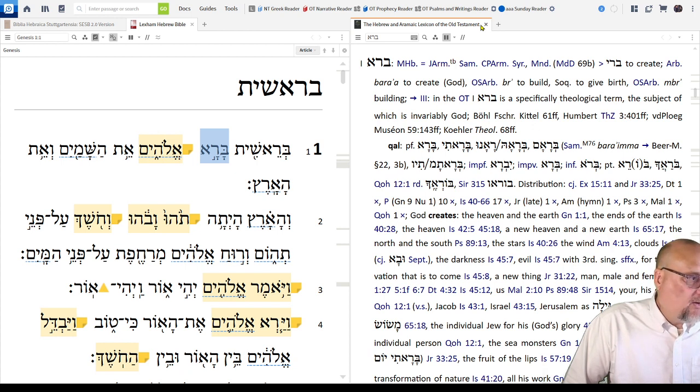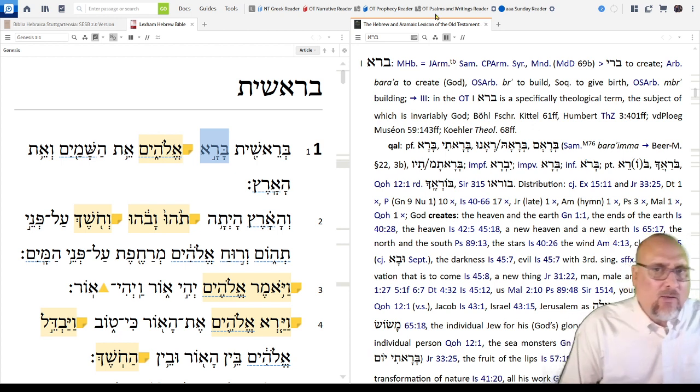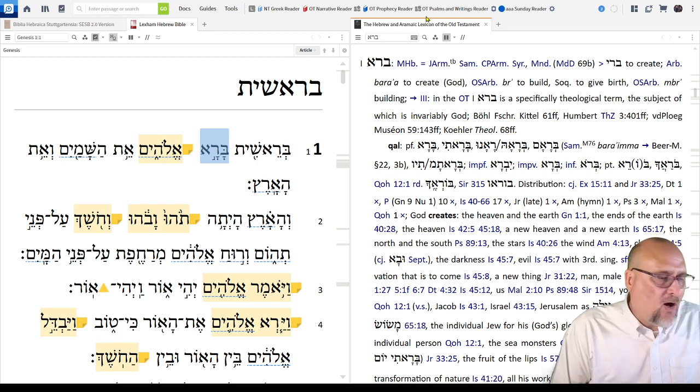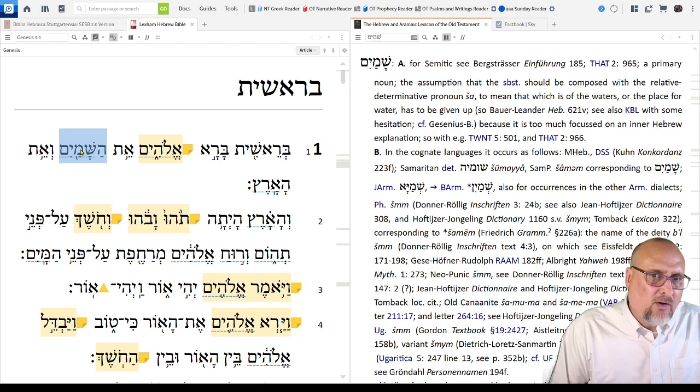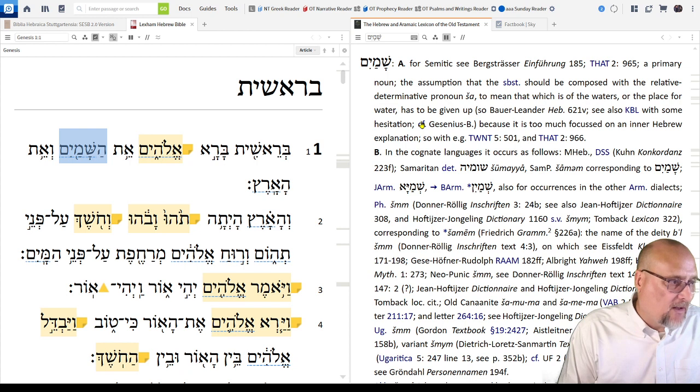So anytime you see in a commentary, HALOT says so-and-so, what they're referring to is this 4 or 5 volume work. So in Lexham, if you double click over the word, it's going to look it up in your Hebrew lexicon. Now, I imagine you probably don't have HALOT because it's very expensive.